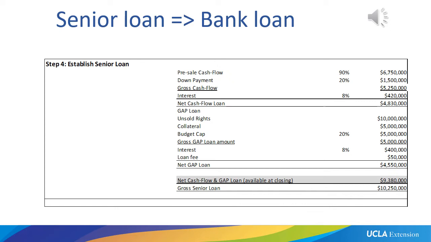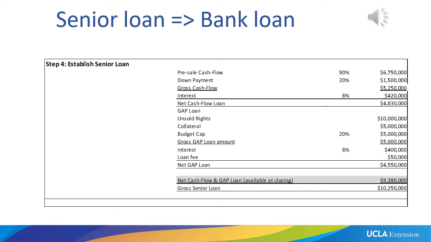The bank will deduct 8% interest fee, so that's $400,000, and a loan fee of $50,000. So what we end up with as a gap loan net is $4,550,000.